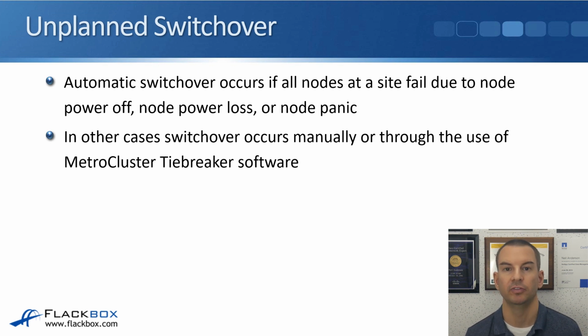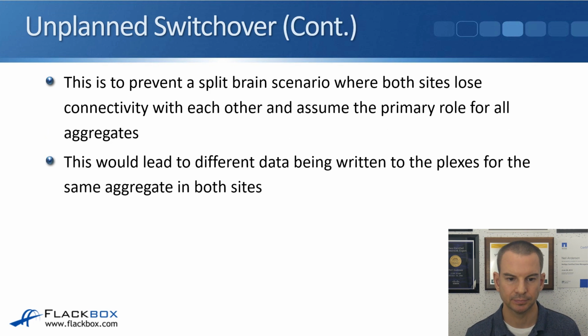You saw how to do that on the previous slide, or through the use of MetroCluster Tiebreaker software. And you did see on the previous slide that to do the switchover manually, it only takes a single command. So it's very, very quick to switch over when you do realize that you do have to do so. But the other way that you can do it is automatically with MetroCluster Tiebreaker software. We'll get to that in a minute.